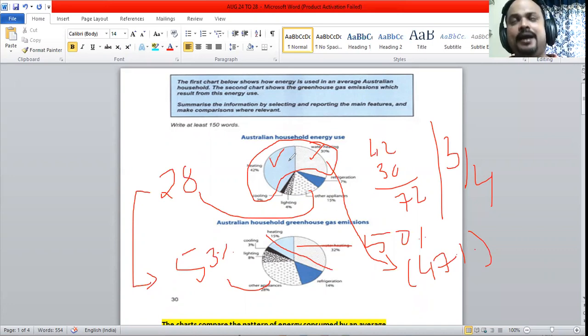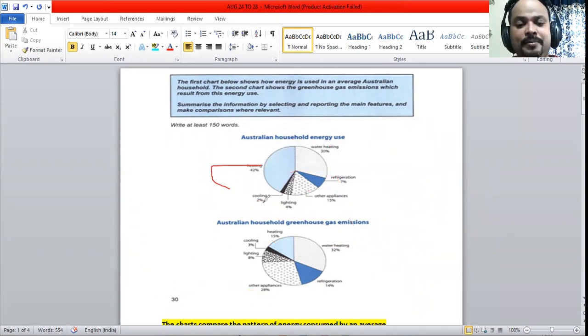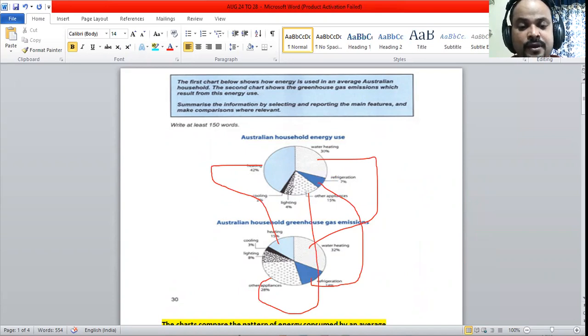I can compare because the matter is the same: heating, water heating, refrigeration, other appliances, lighting and cooling. So everything is the same there and here. I can make a comparison like that. You can see some similarities and dissimilarities here.